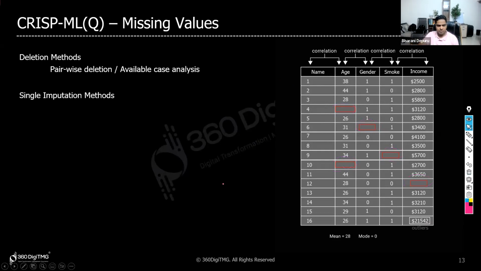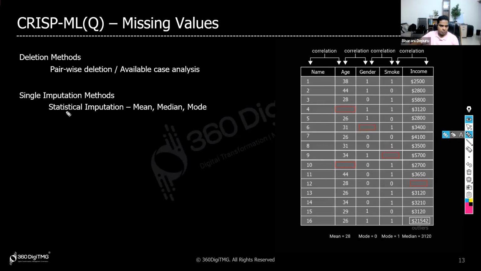Having said that, you have a few single imputation techniques, and we have statistical imputation, random imputation, etc. When it comes to statistical imputation, we make use of first moment business decision or measures of central tendency.